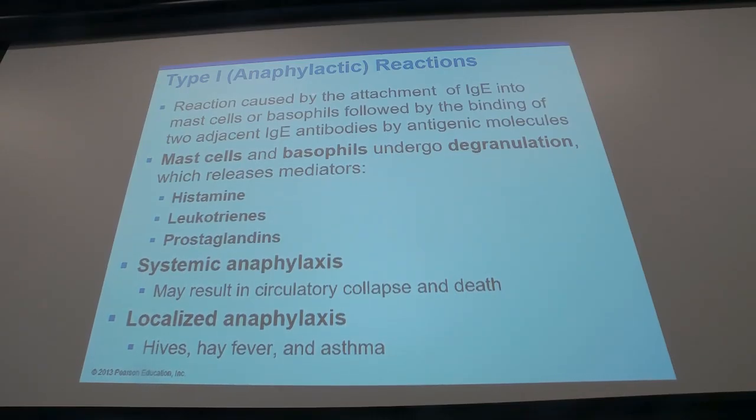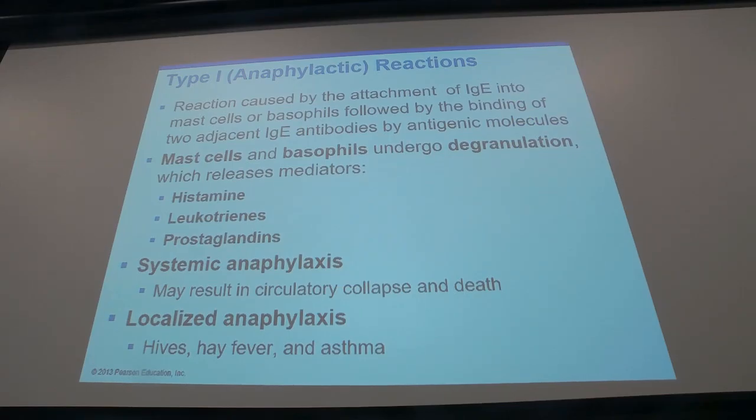So, how does this happen? Well, it's when you have IgE, which is a type of antibody, binding to a mast cell or a basophil. And then these IgE molecules will be cross-bridged by antigens. And then when they are cross-bridged by antigens, they release these massive amounts of chemical mediators of inflammation that can lead to vasodilation and then release of plasma outside of the circulatory system, and then they can lead to shock.